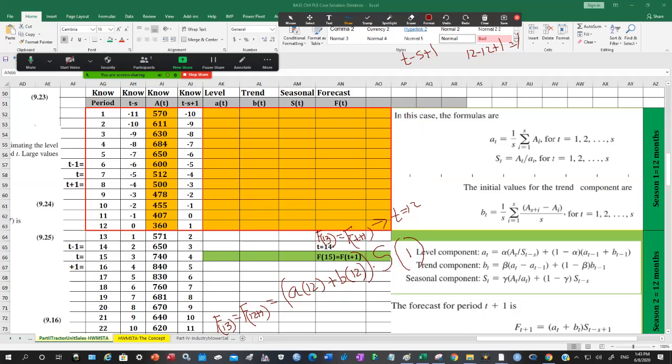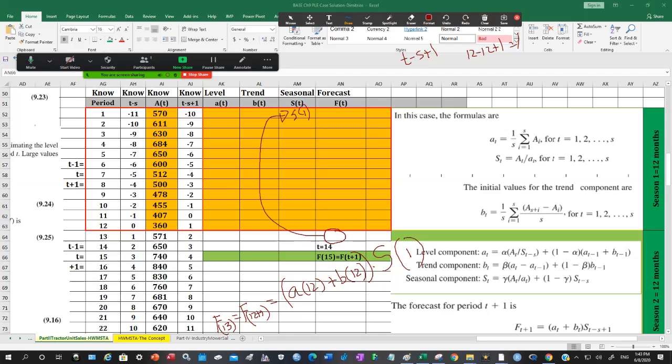So to find the forecast here, to find this forecast, we borrow the seasonal component S1.